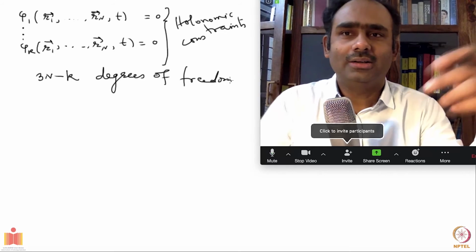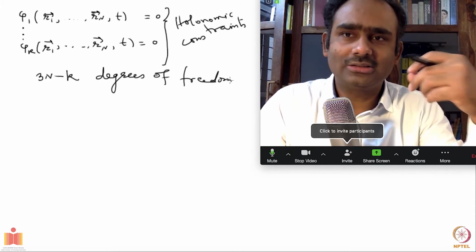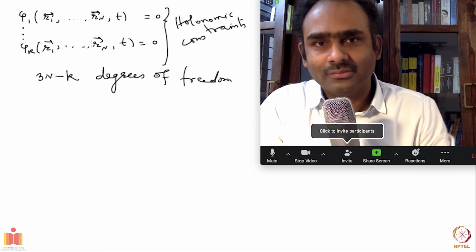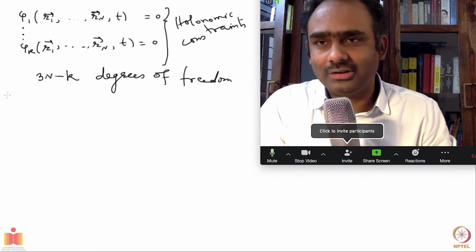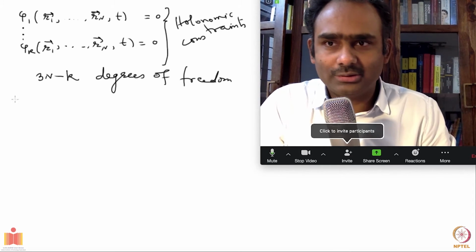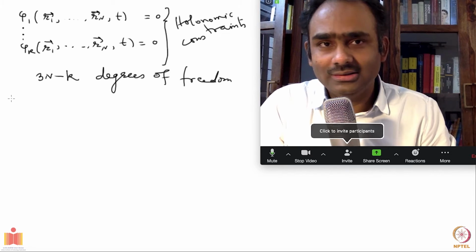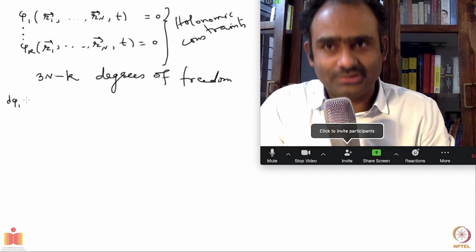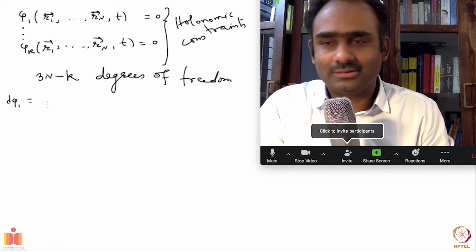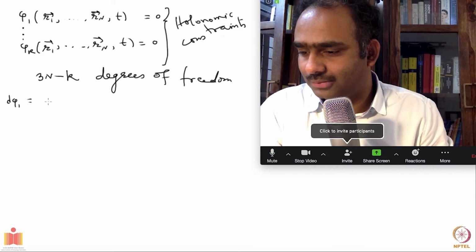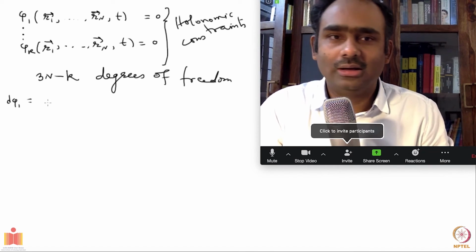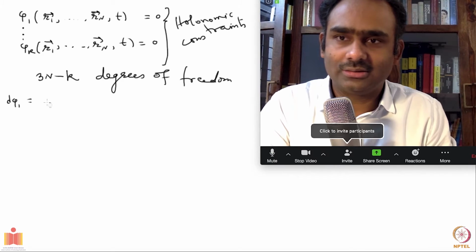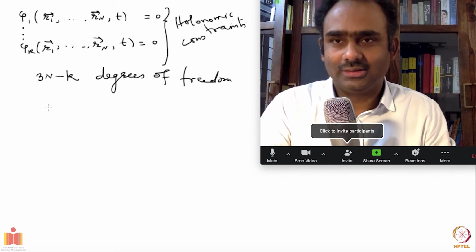Now let's take the differentials of these k functions and write the differential forms. So if you look at the first one, phi1, I will be able to write d phi 1, which will be 0, as the following, just like what I did before. Maybe let me introduce a slight notation before I write this.